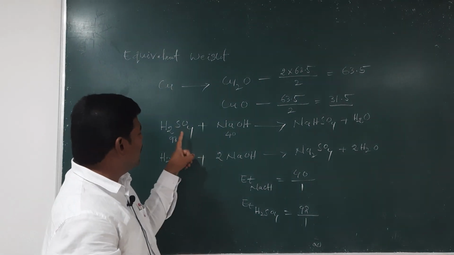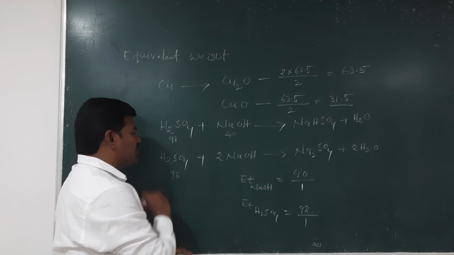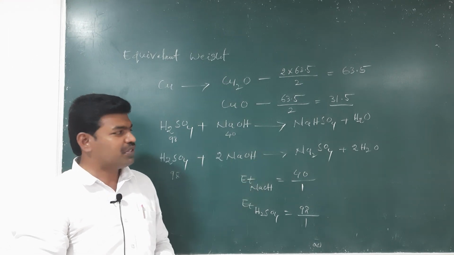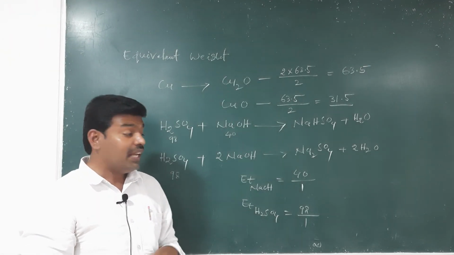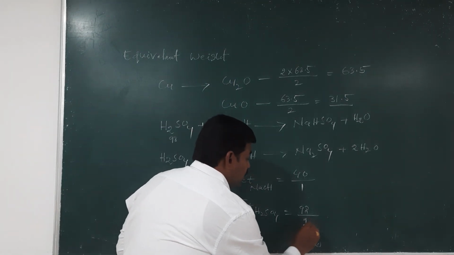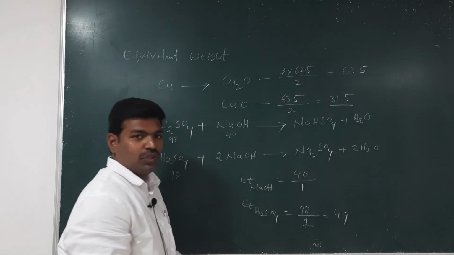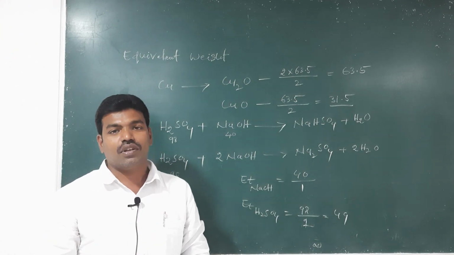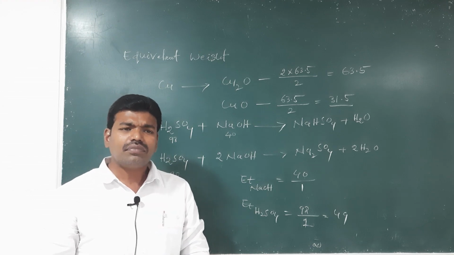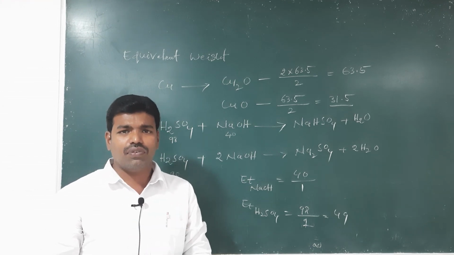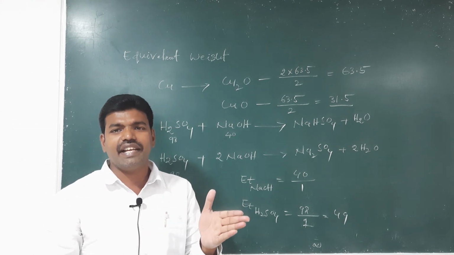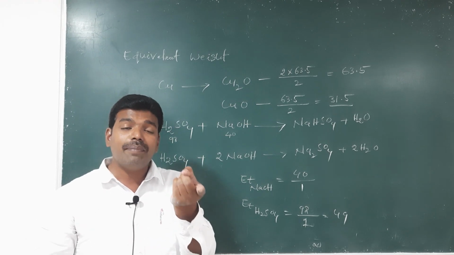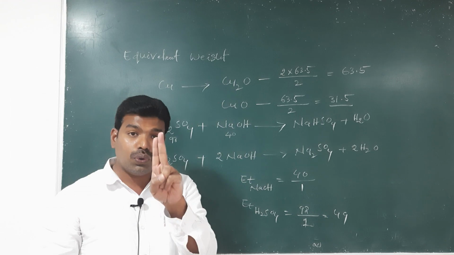But the same 98 grams of H2SO4 displaces two OH groups to form two water molecules. In this case, we should write 2 here, that is 49. So, 98 grams of H2SO4 contains two equivalents. Usually, we say the equivalent weight of H2SO4 is 49 because 98 by 2, because in H2SO4 the number of replaceable hydrogens is 2.